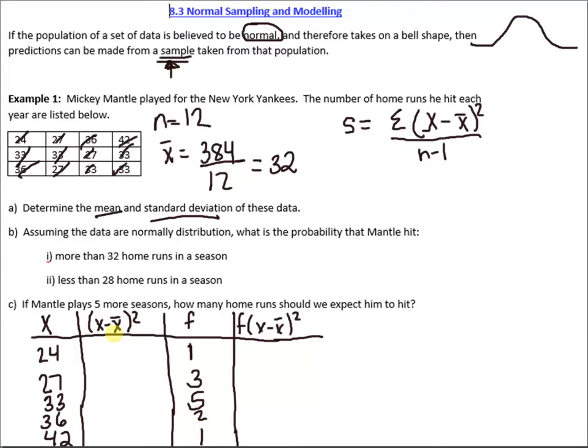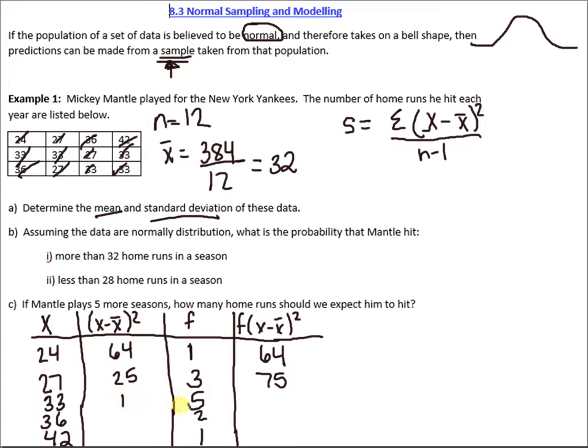Now let's actually calculate. 24 minus our average of 32 is -8, and we square it to get 64. 64 times 1 is just 64. 27 minus 32 is -5, and we square it to get 25. Multiply that 3 times, because we have 3 of those values, and we get 75. 33 minus 32 is 1.